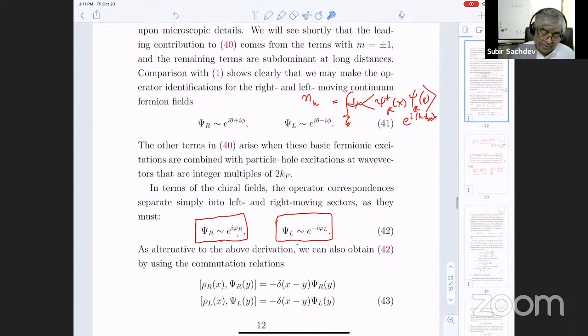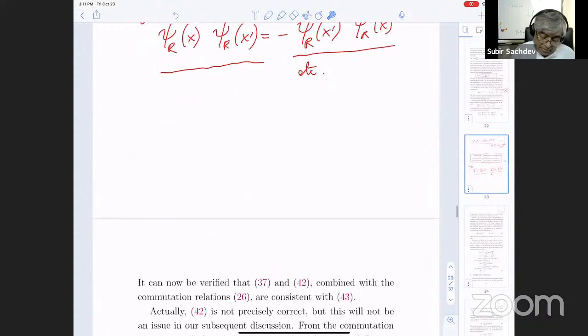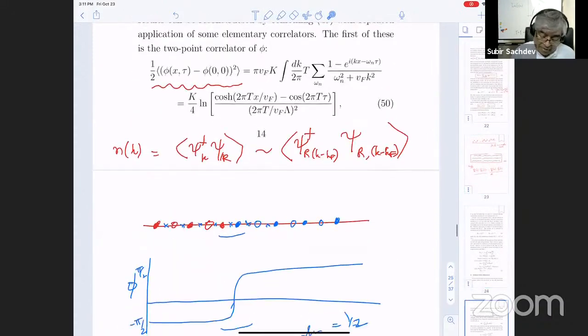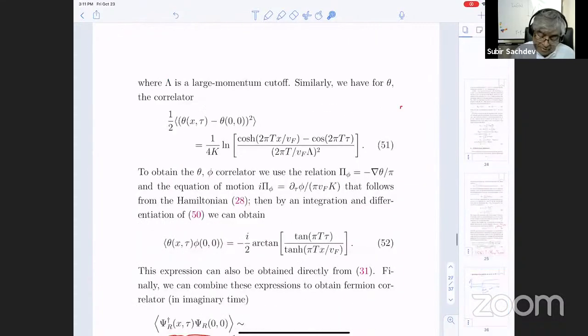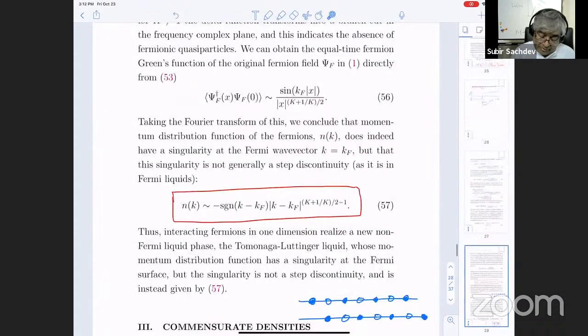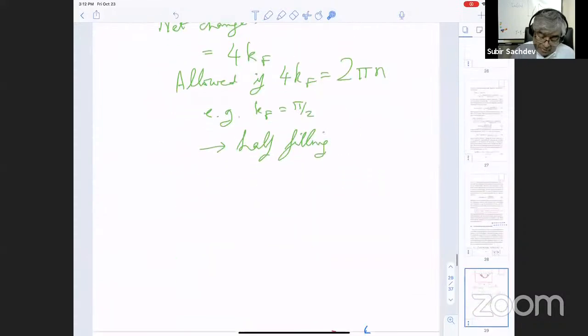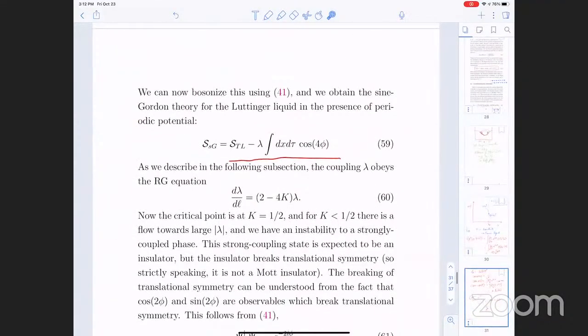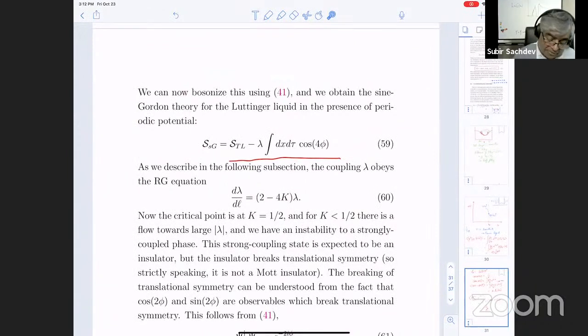And you have the whole thing squared. So you get e to the 4i phi, and then you get the complex conjugate because it's a Hermitian operator. You have the opposite process also allowed. And so when the dust settles, you get an operator which is unlike any operator we've met so far. It's cosine of 4 phi. So now this thing is, of course, the free field theory. This S_TL is just the free field theory, and you have cosine of that operator.